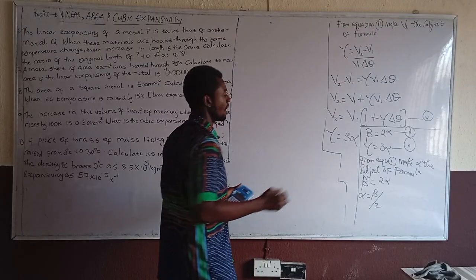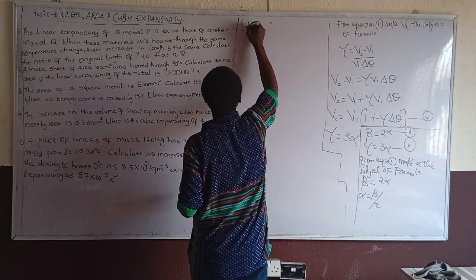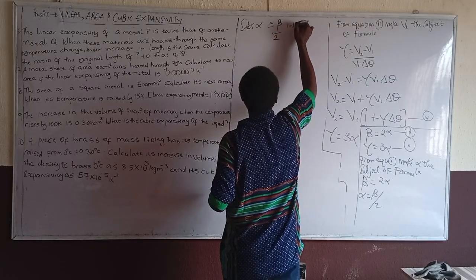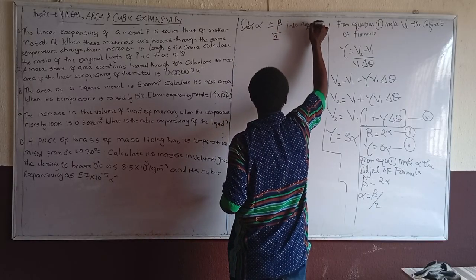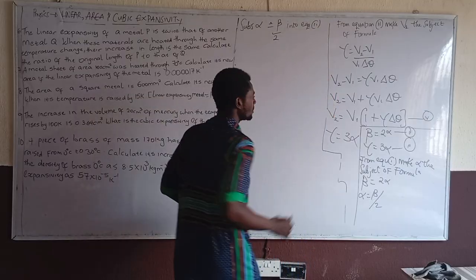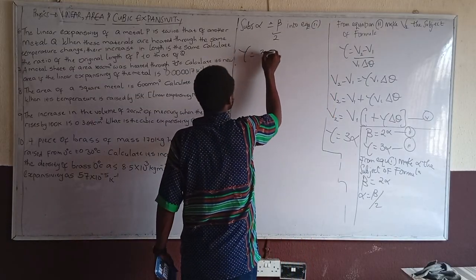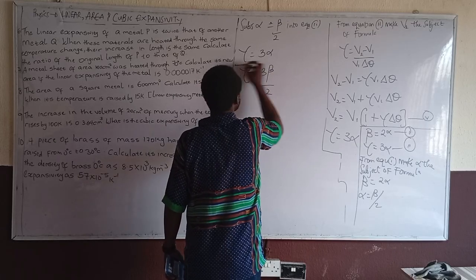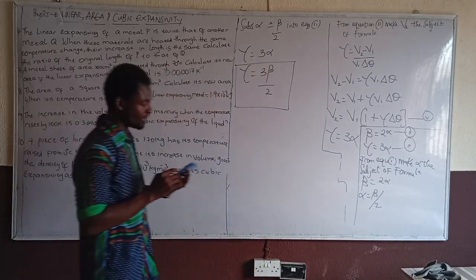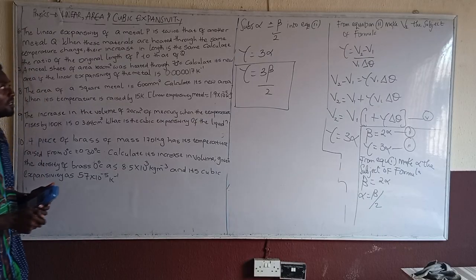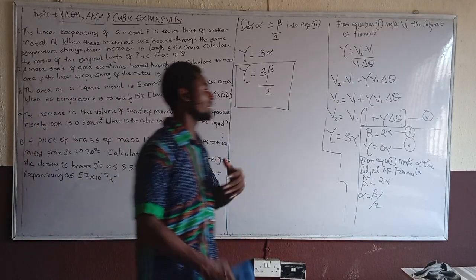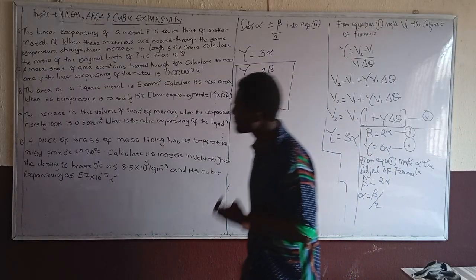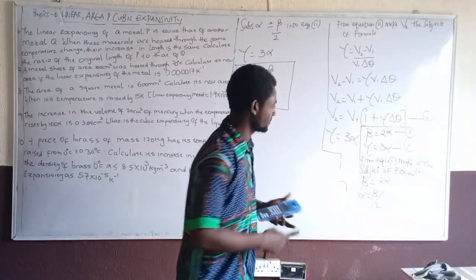So from here, I can substitute alpha equals beta over 2 into equation 2. Gamma is 3 alpha, so gamma becomes 3 beta over 2. This is the formula connecting linear expansivity, volume expansivity, and area expansivity. So now we can proceed to solve question 7 to question 10.